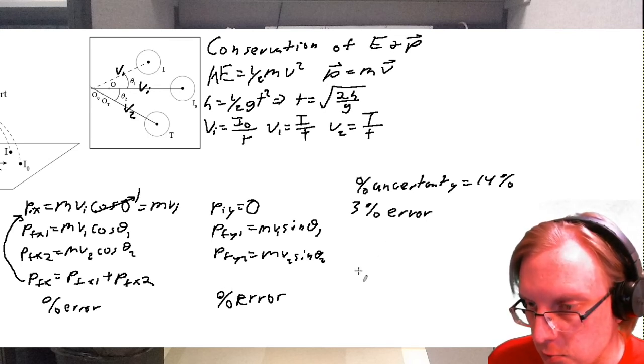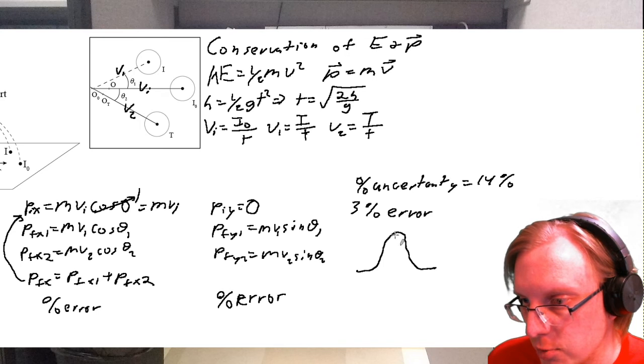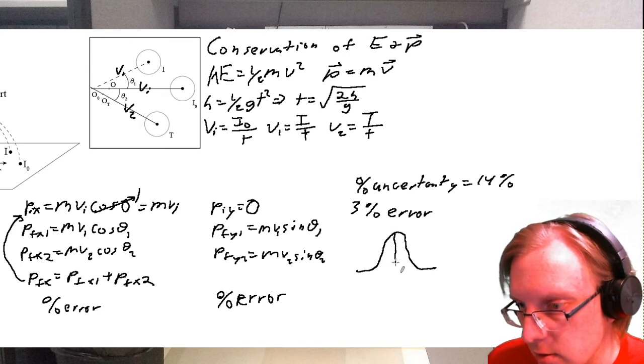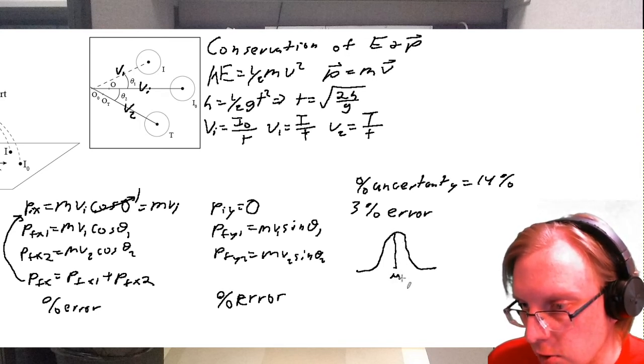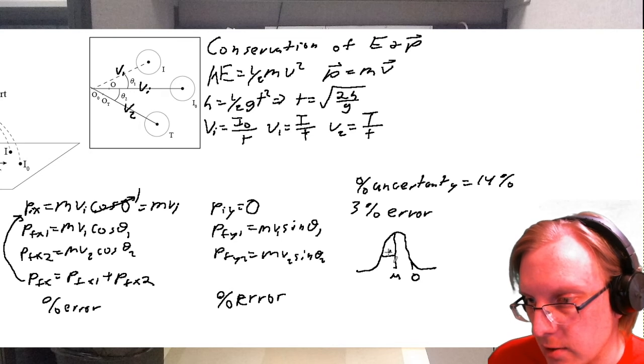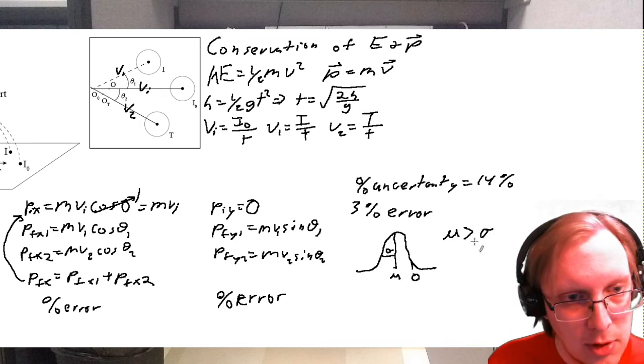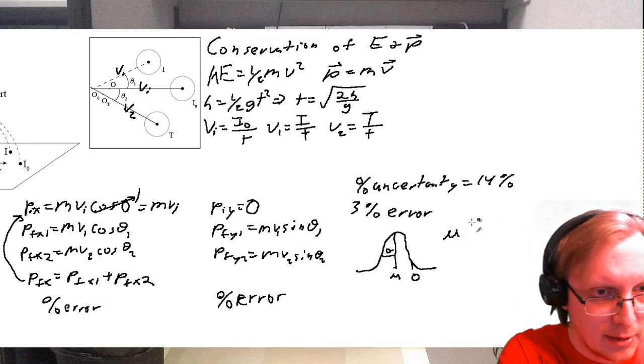So what we're doing is we have, in a 1D example, a distribution, a measurement, with a mu displaced from 0, and a width of that measurement being sigma. And then you need to compare mu to sigma. I'm going to run out of space if I do that right there.